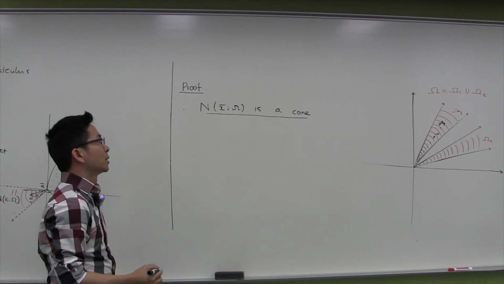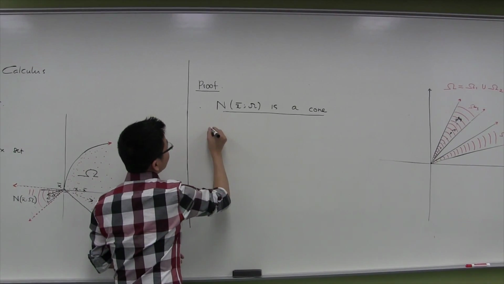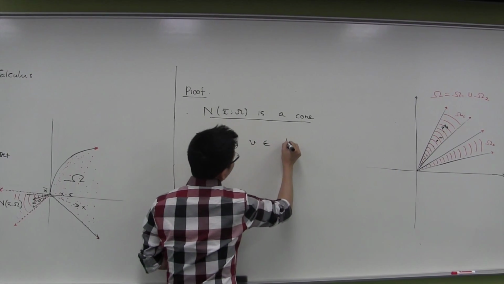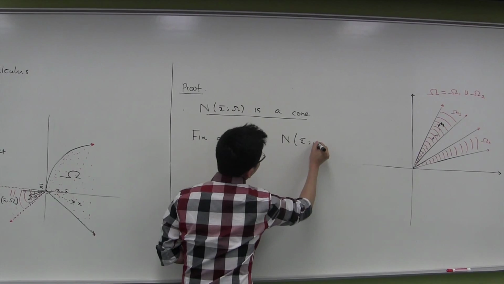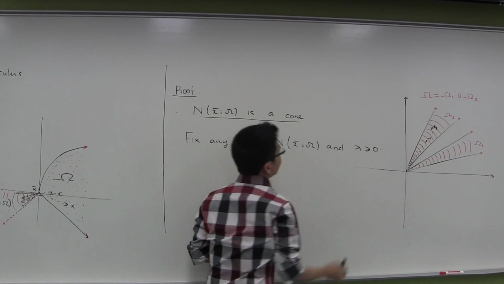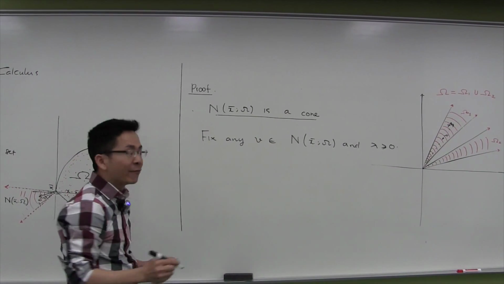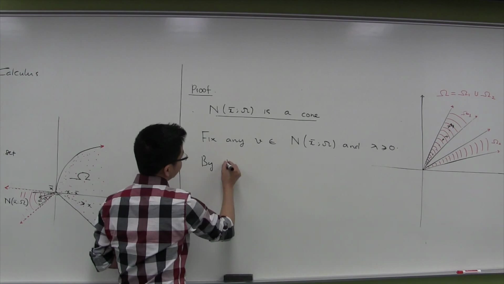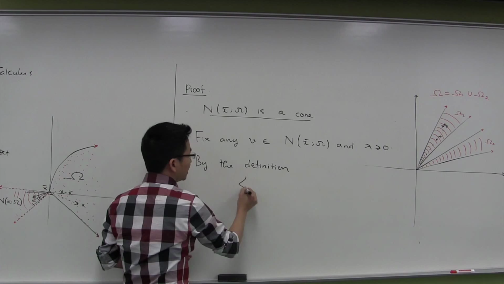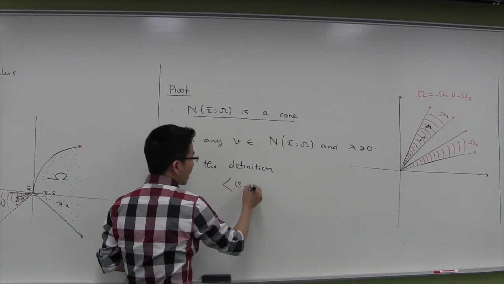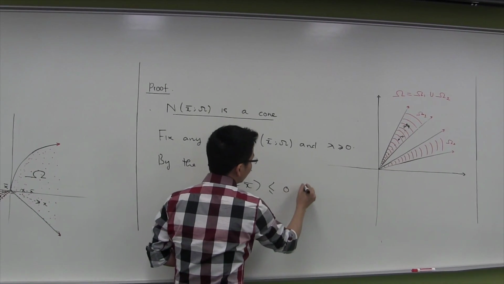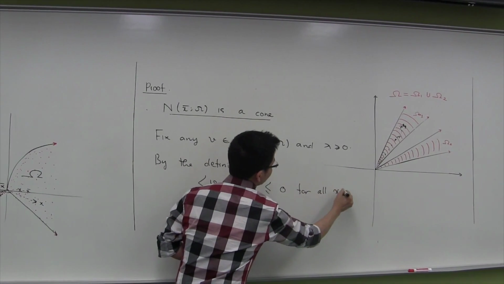We fix any v in N(x bar; omega) and lambda greater than or equal to 0. By the definition, the inner product between v and x minus x bar is always less than or equal to 0 for all x in omega.